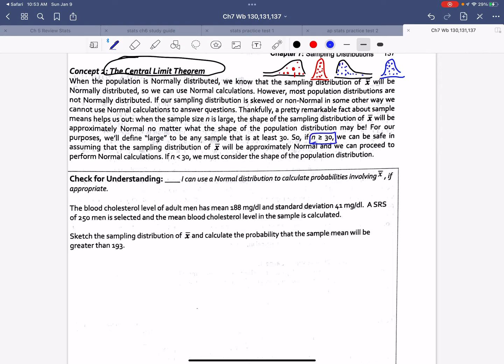So regardless of shape, and we'll do an activity in class to prove this, we won't just take it for granted, even if our population distribution is skewed, our samples won't be, because our samples will be the averages.